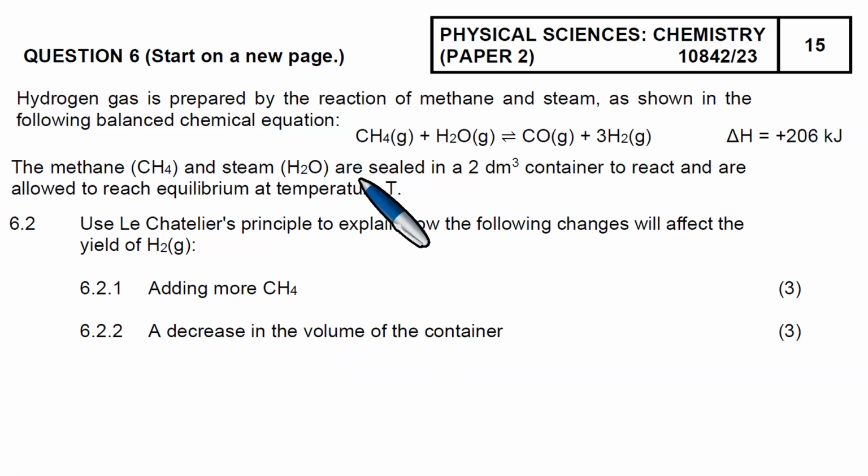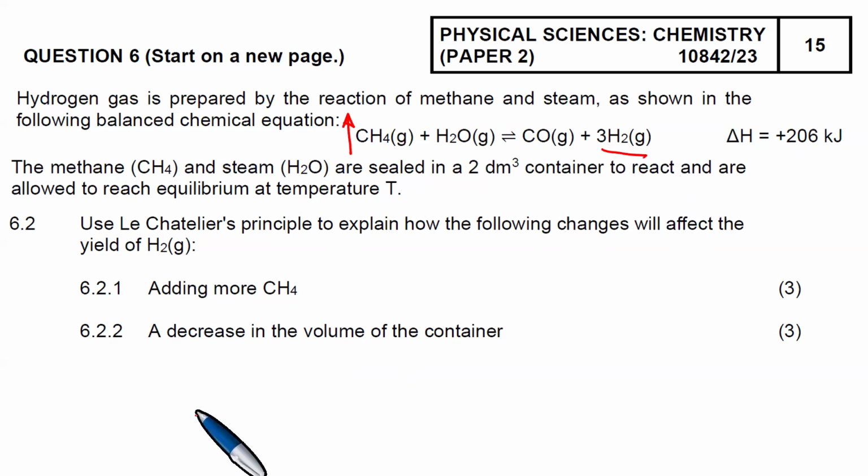If you look at this chemical equation, methane is a reactant. So if you add more methane, you increase the amount of methane in the reaction. How will this affect the yield of hydrogen gas?